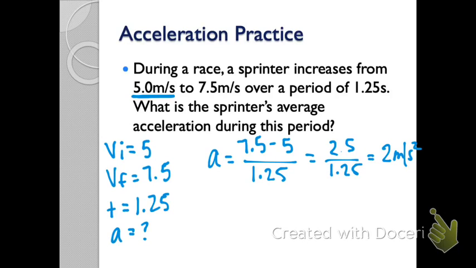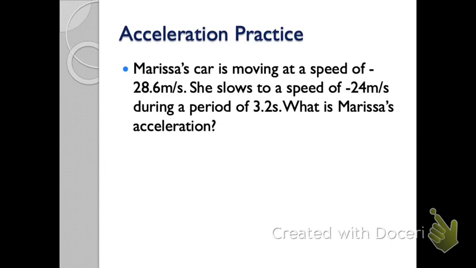In the last problem, why was it? This is a negative. I don't know why it didn't carry over, but here's our negative 28.6. It's not just like a dash. This is supposed to be my negative.